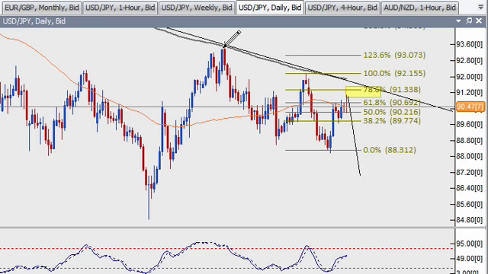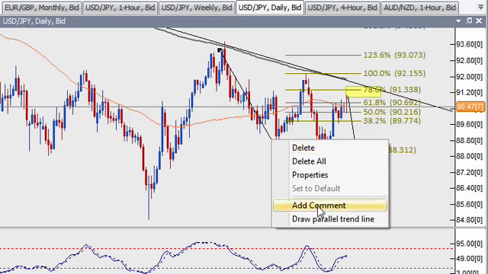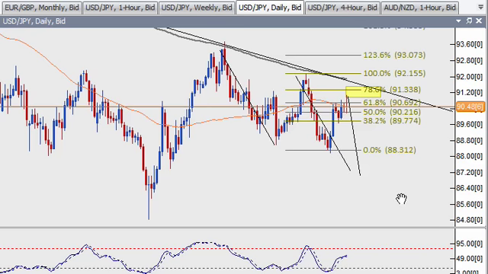Here this swing projection as well goes to that 87 area. So that would be your target if you see topping action.